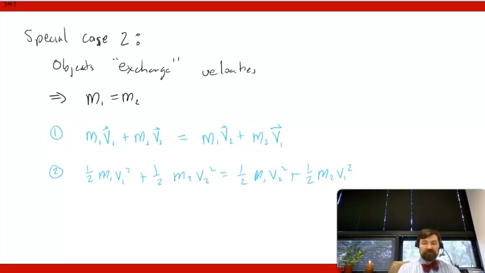So essentially, if you do that, then all the masses are equal, and so what these will end up becoming is simply V1 plus V2 equals V2 plus V1, and V1 squared plus V2 squared is V2 squared plus V1 squared. That's if all the masses are equal. And that's the only way to make these two conditions both be true simultaneously.